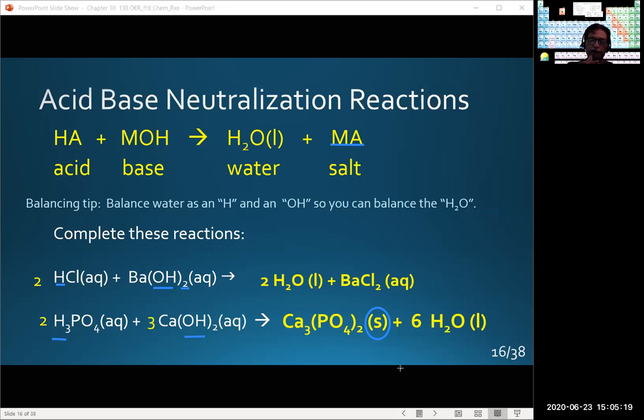Is that correct? By me putting the physical state as solid. Any idea?